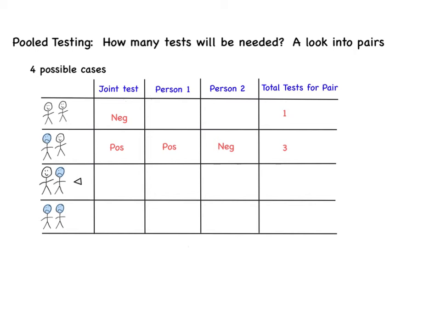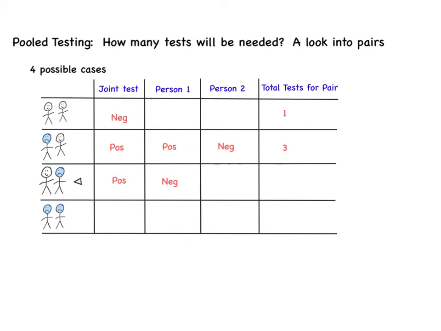Now we'll consider the case where the first person does not have the virus, but the second person does. When we run the first joint test, it'll come out positive because there is evidence of the virus. So then we have to run our next test, and we'll run it on our first person. Now, person 1 was negative. They did not have the virus. So when we run our second test, the result will come out negative.